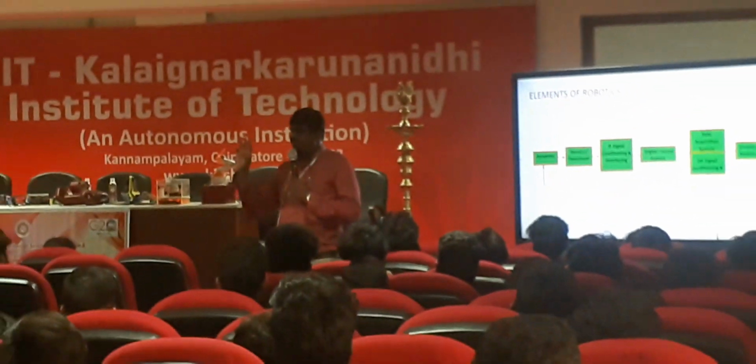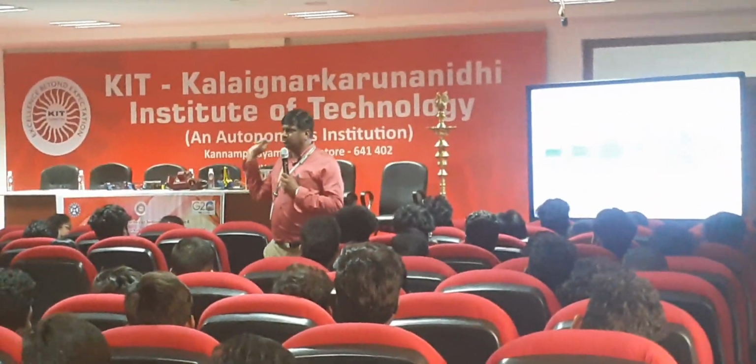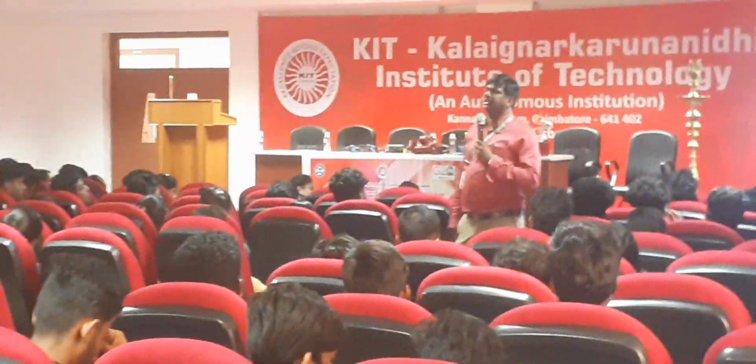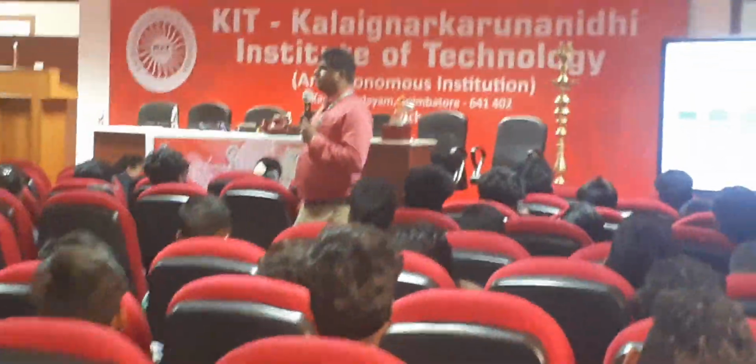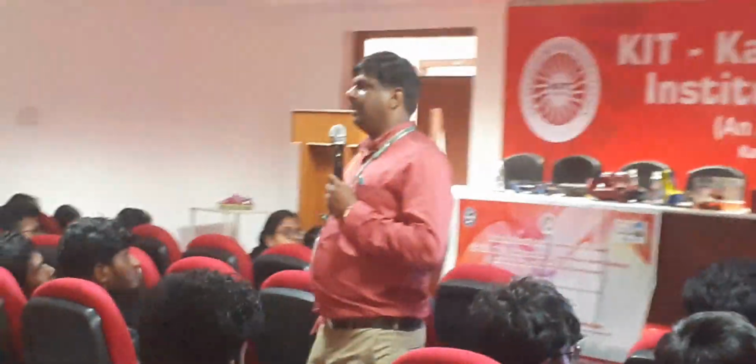That is the third element of a robotic system. You can choose that signal processing unit as your domain. Any computer science students or IT students, mechanical engineering or electrical engineering or aeronautical, you can give your attention to that signal processor.